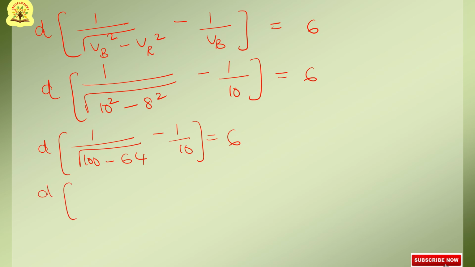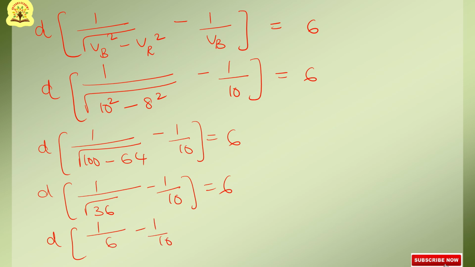So d of 1 by root of 100 minus 64, root 36, minus 1 by 10 is equal to 6. Next, d of root 36 is 6, 1 by 6 minus 1 by 10 is equal to 6.